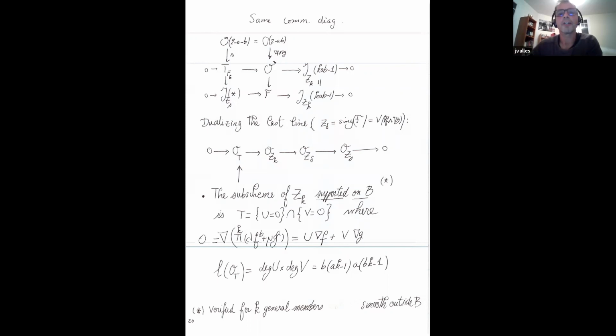So zeta delta or zeta S, it's like this, but zeta K, the Jacobian ideal, is not locally a complete intersection necessarily. But anyway, we can compute explicitly T in this case. It's a complete intersection given by two polynomials U and V realizing some equality. And this T is computed for a union of K members of the pencil, smooth outside B.